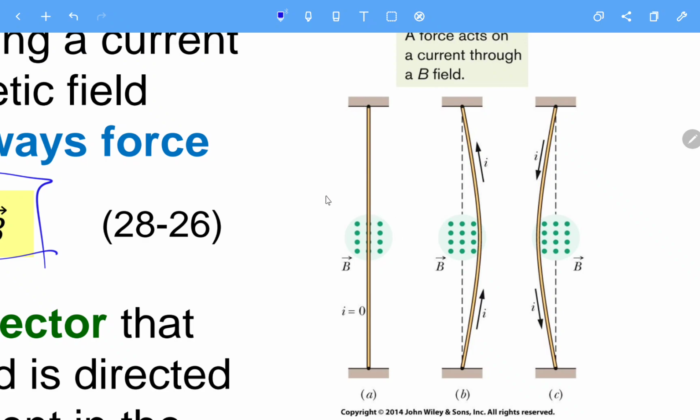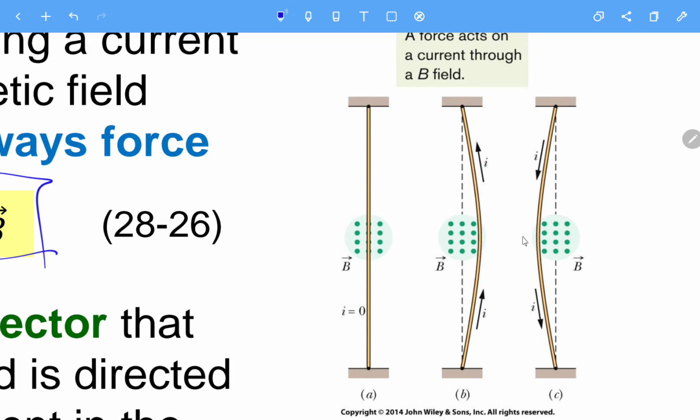In the first setup, we just provide the B field pointing out of the page, and there is no current, so the wire is still straight. But if we provide some current going from bottom to top, the wire bends to the right side, and if we provide a current from top to bottom, then the wire will bend to the left side.